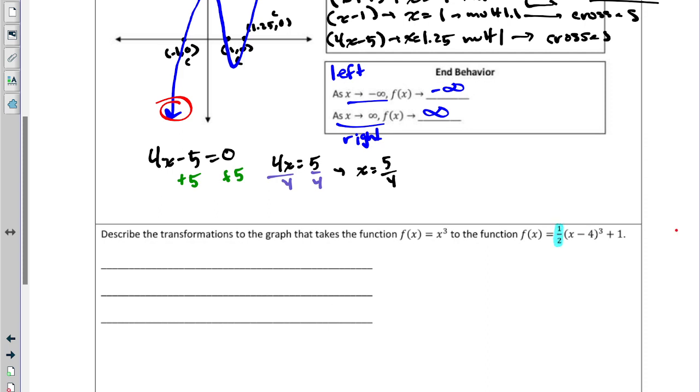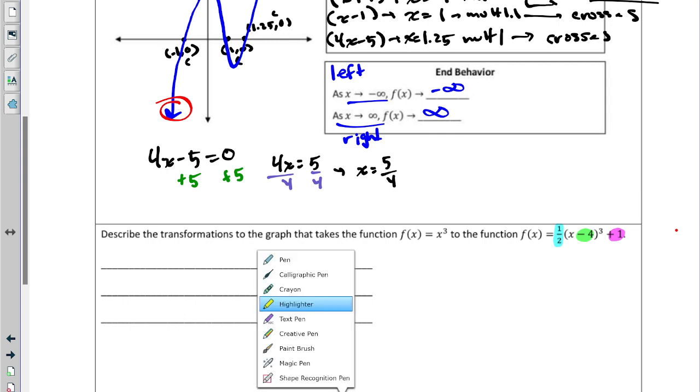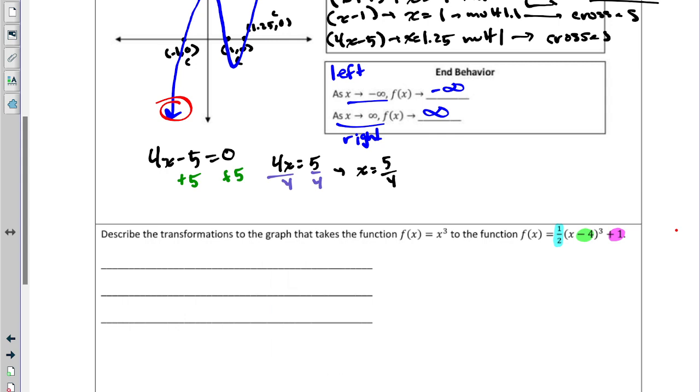We have this -4 inside parentheses, that's going to do something. The other parenthesis is just x being cubed, so that's already there. And then I have this +1. That +1 is going to do something. So in total, I count 3 transformations. Sometimes it'll be 4, and that's if there's a minus sign in front of the first thing, all right?